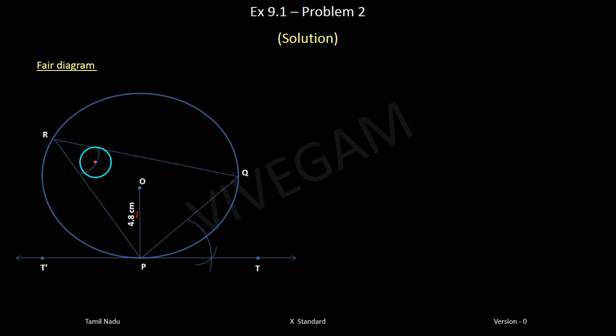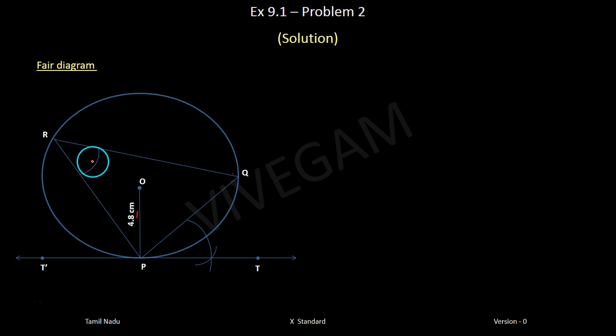So with the same angle, you have to draw a line from P. How did you do it? From R, you took a radius, let's say a radius of X centimeter, and drew an arc cutting these two lines, PR and QR. Then with the same radius from P, you draw an arc cutting PQ.